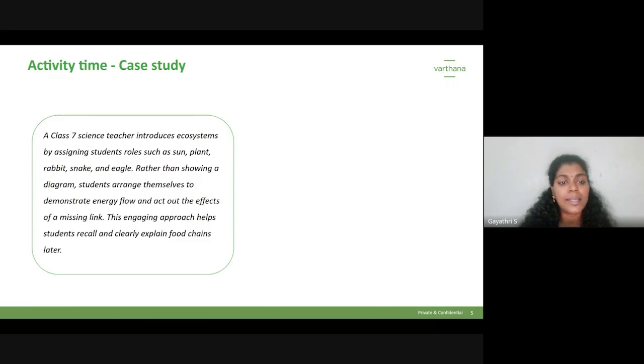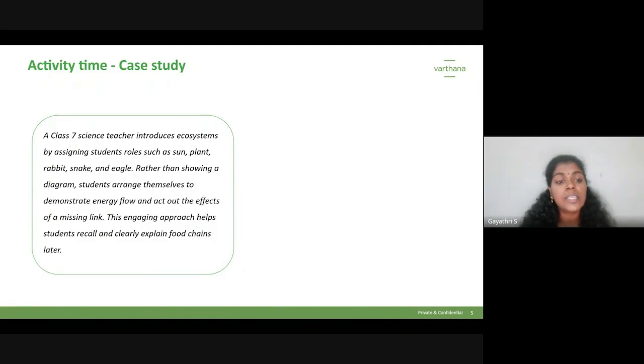Some of the groups are assigned as sun, some as plants, some as different animals, right? And instead of showing, you want them to arrange themselves so that the energy flow is demonstrated, like how it starts with the plant, then goes to the animal, then comes the next set of animals, and how the ecosystem energy flows.